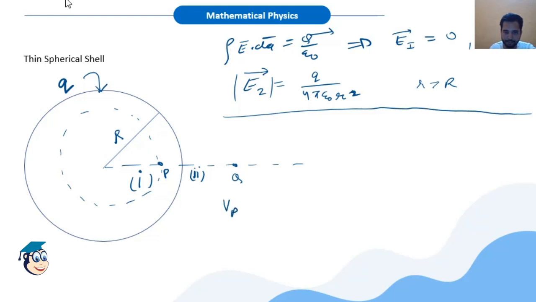potential at P, what we have learned up till now is we have to integrate with a negative sign from infinity to some r, which is the position of point P, E dot dl, right? But we have two different values of E. E is not continuous.